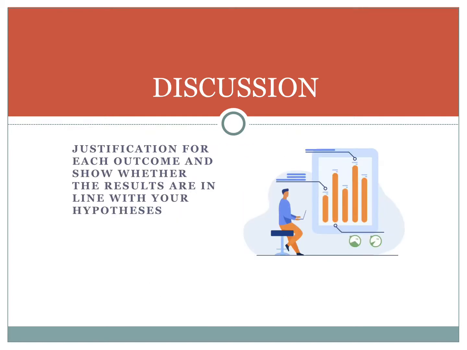Discussion is the justification for each outcome. So if you say that, yes, students are experiencing a lot of fatigue in online teaching learning, or teachers are experiencing a lot of fatigue in online teaching learning, but there is better attendance.